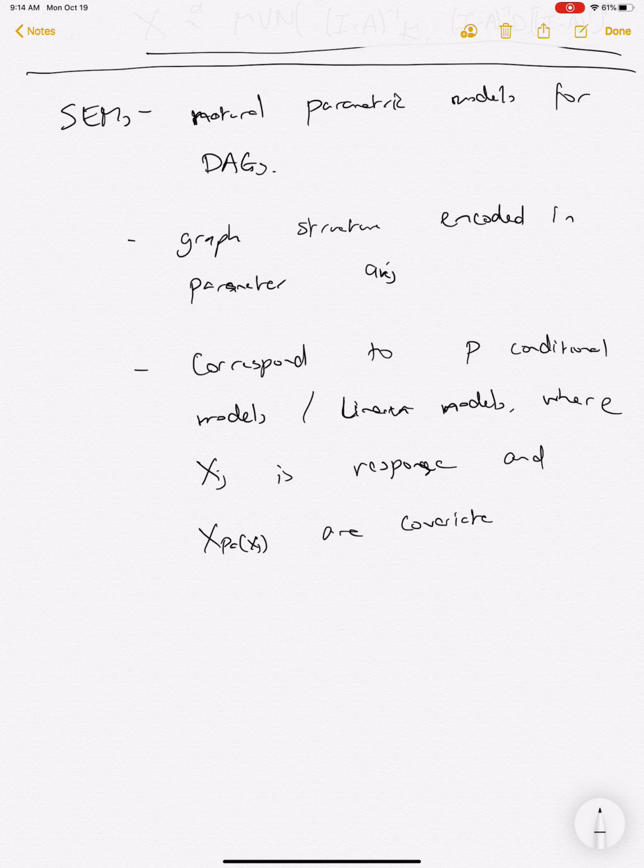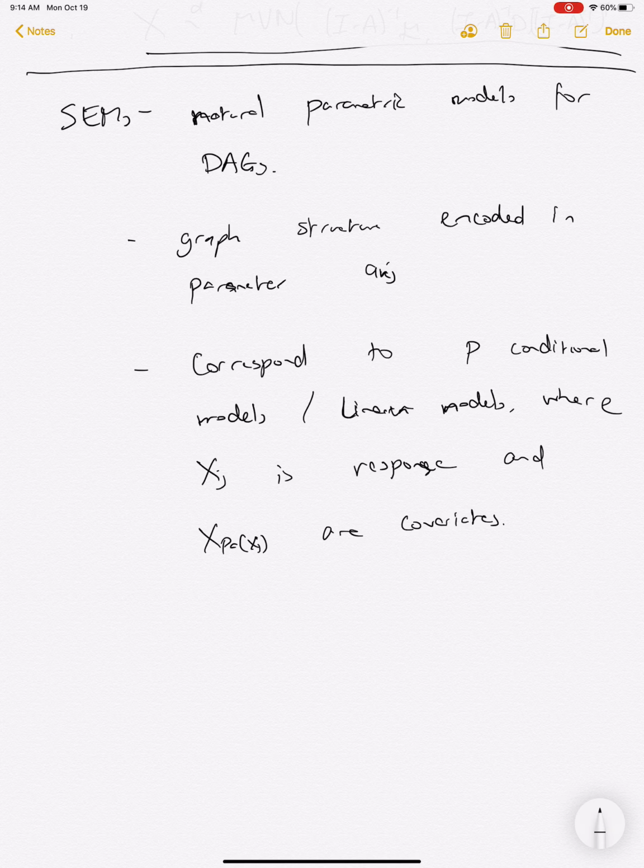So this is an interesting connection. DAGs are actually an unsupervised model. You have x1 through to xp, but there's this very nice connection to what we've already learned with supervised learning with linear models, GLMs, and so on. You can see these structural equation models as corresponding to p conditional models, which you can think of as linear for now, where xj is a response and the parents of xj are the covariates.